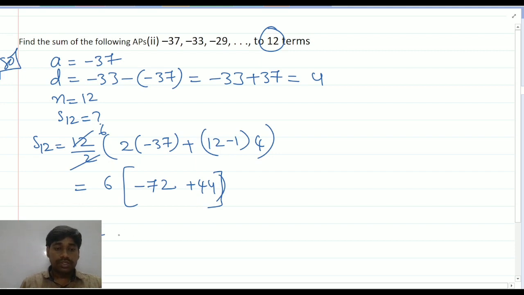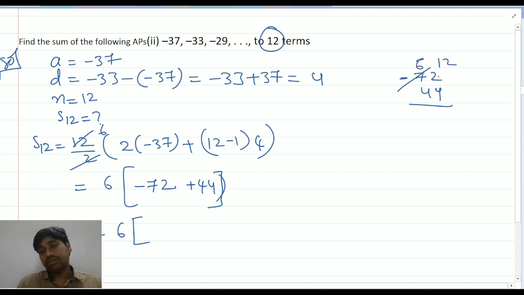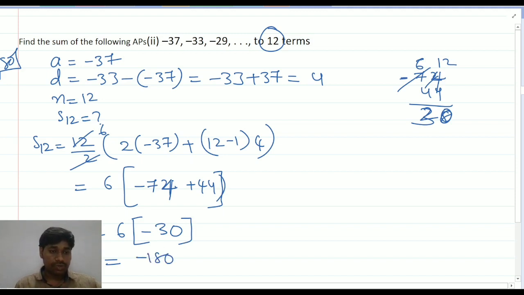So 6 of, if you subtract 74 and 44, we get minus 30. So 6 into minus 30 is minus 180. So S12 equals minus 180.